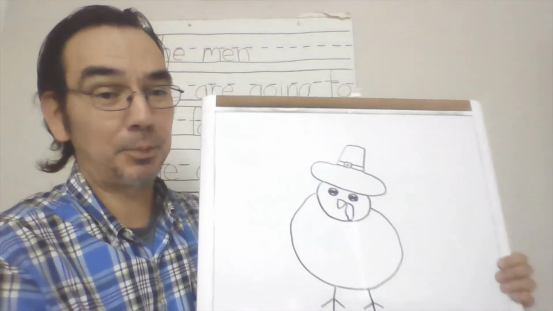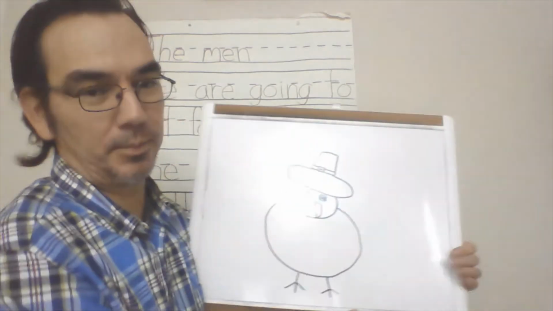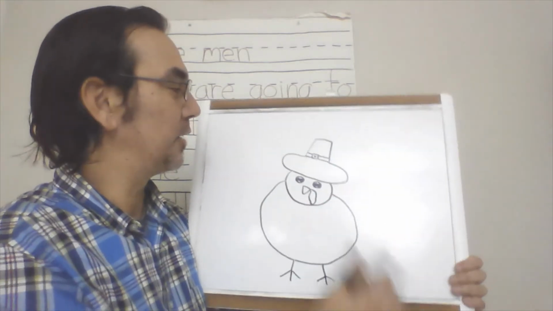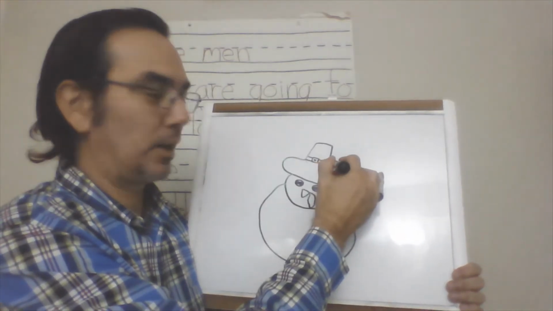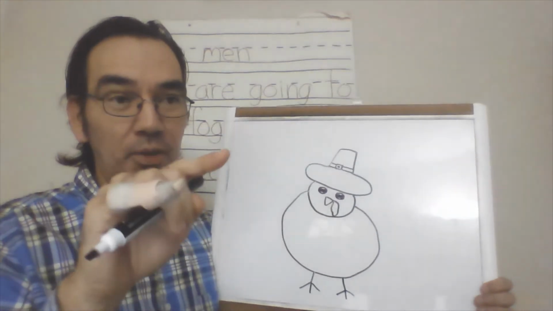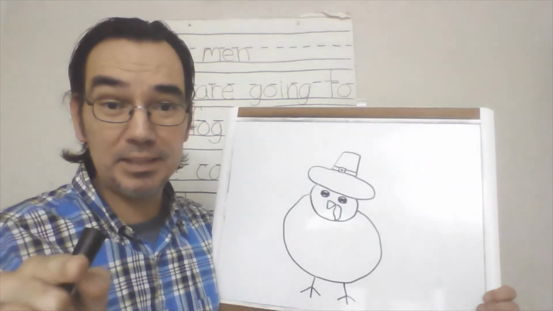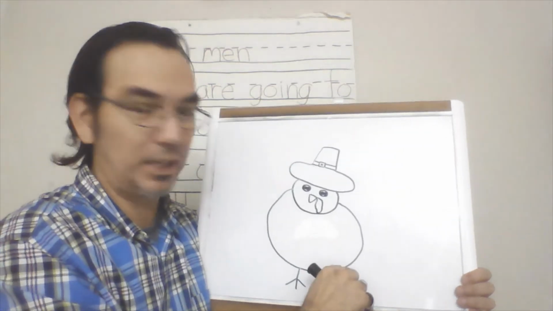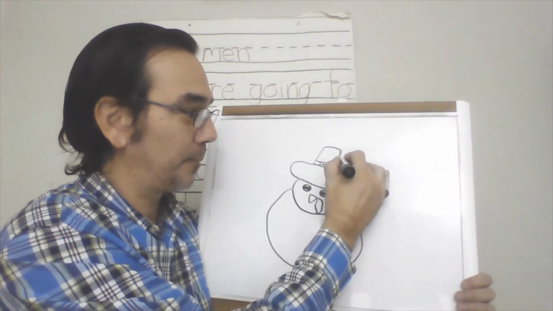Okay, this next part is going to be a little bit challenging holding a whiteboard like this. So what I'm going to do, I'm going to start off up here and draw little bumps, and it'll make sense. I'm going to draw little bumps coming all the way down here because we're going to do the feathers, and then I'm going to come in on this side. So ready?